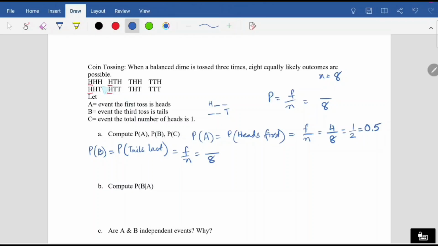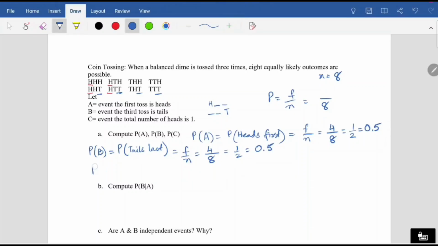So we have a tail here, we have a tail here at the end, here at the end here. So there are 4 ways by which we can get a tail as a third toss. In the top row, there's no tail in the third toss, correct? So 4 over 8 again, which is half, which is 0.5.